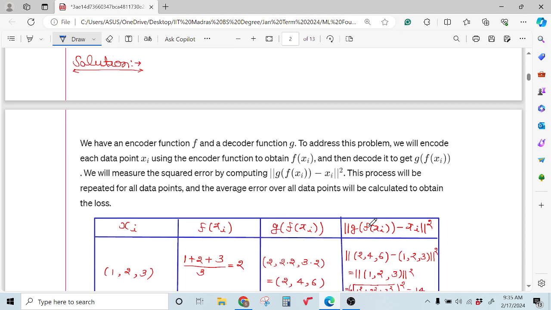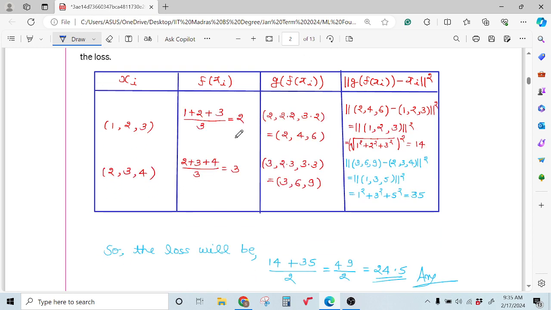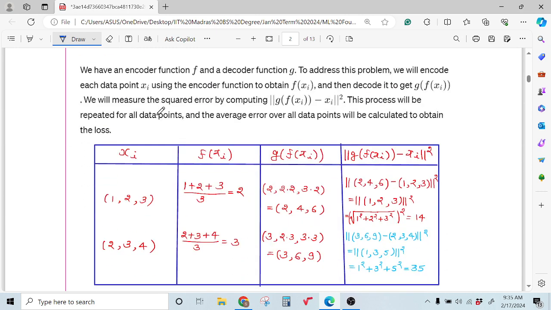This process will be repeated for all data points, and the average error over all data points will be calculated to obtain the loss. There are only 2 data points in the question.